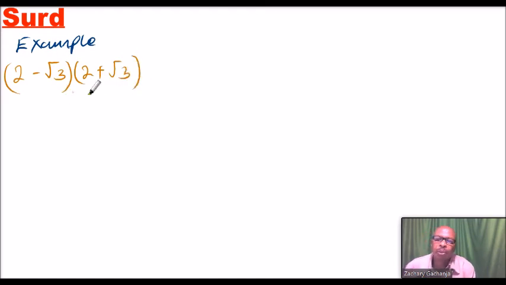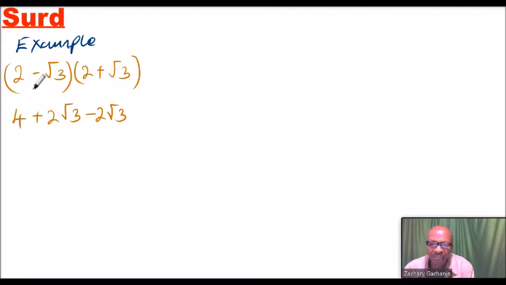We can multiply that and say this is 2 times 2, which will give us 4. Then we have 2 multiplied by root 3. Note here it is positive, so it will be 2 root 3. Then we have minus root 3 multiplied by 2, that will give us minus 2 root 3, then minus root 3 multiplied by positive root 3.